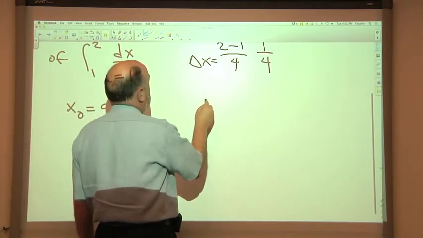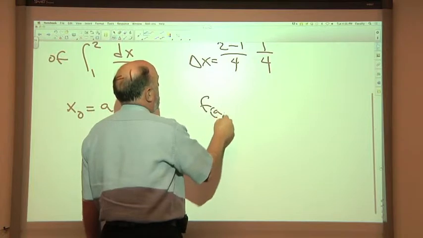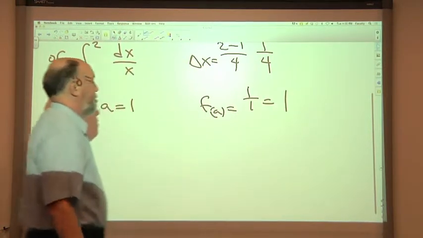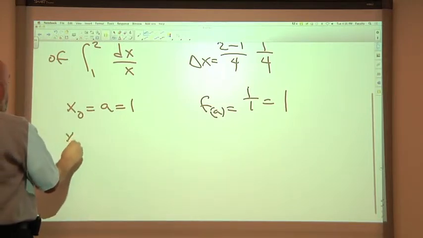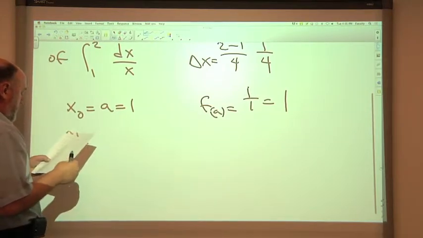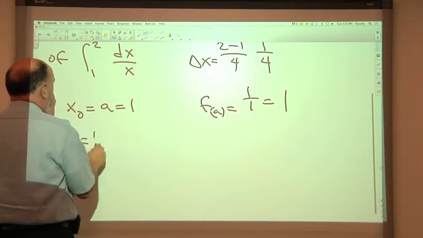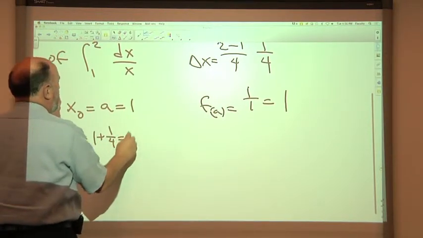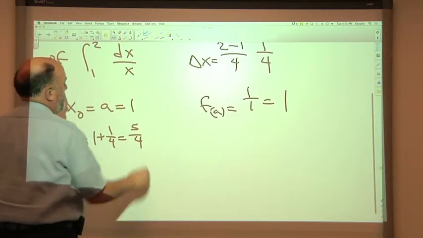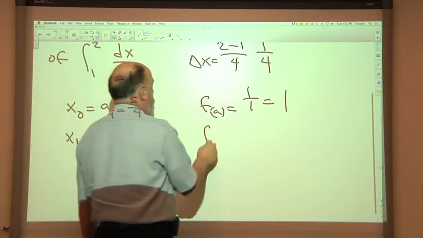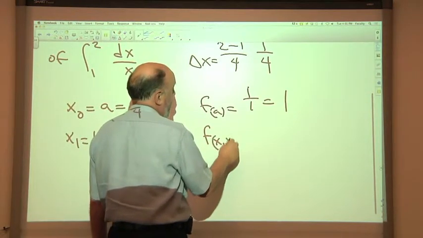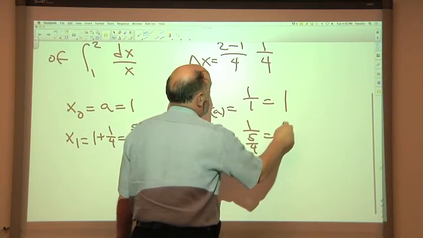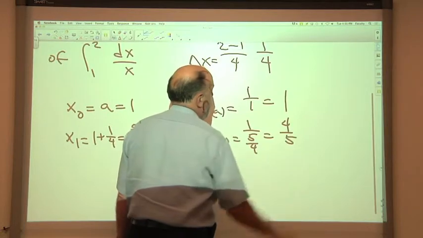And so f of a is going to be 1 over 1, which is 1. x1 is going to equal 1 plus my delta x. And so this is going to be 5/4. And so f of x1 is going to be 1 over 5/4, which will just be 4/5.